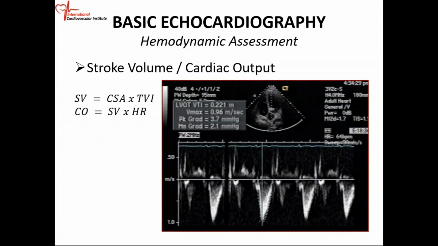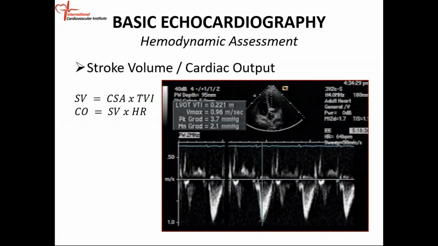All we do is get the LV size in diastole, get the volume, get the LV size in systole, get the volume, and subtract the systolic volume from the diastolic volume, and that's the stroke volume. But we can use the Doppler technique to calculate stroke volume by just looking at our hydraulic orifice formula, which states that flow is cross-sectional area times the TVI.